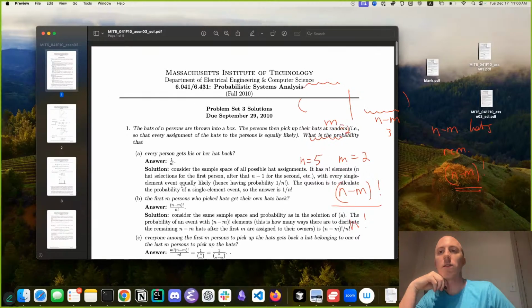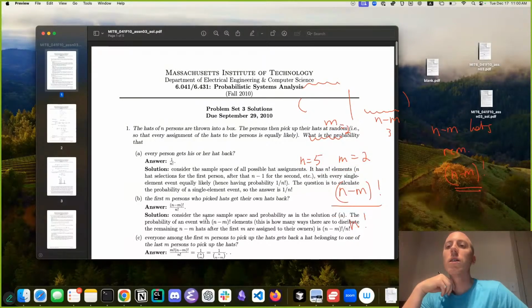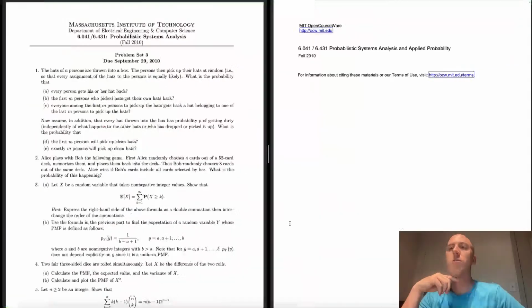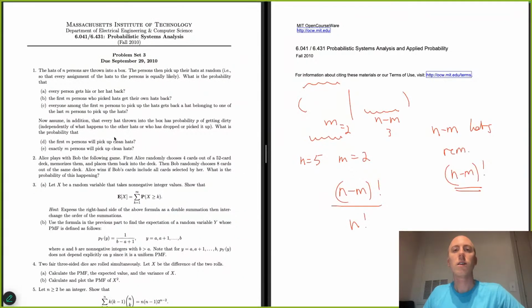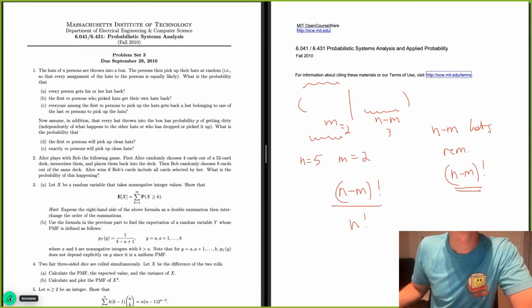So consider the sample space. This is how many ways there are to distribute the remaining n minus m hats after the first m are assigned to their owners. Okay, that's good.